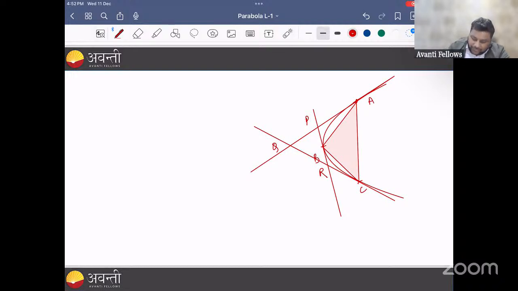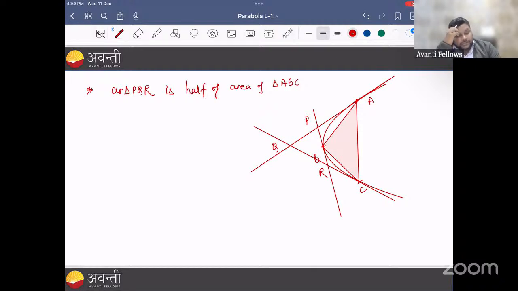Now there are a few points. First is area of triangle PQR is half of area of triangle ABC. Always. Area of triangle PQR is half of area of triangle ABC.